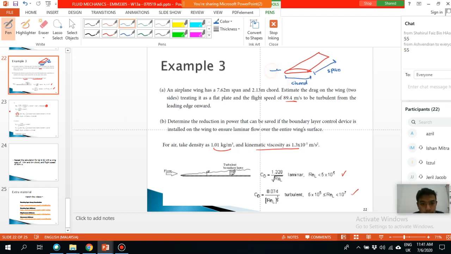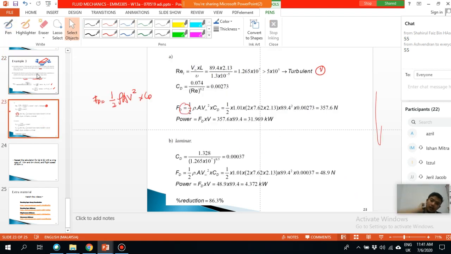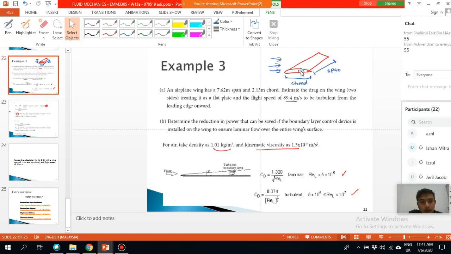The flow is from this side, so your length X will be the chord length, because this is your flow and the length that cuts the flow is the chord.